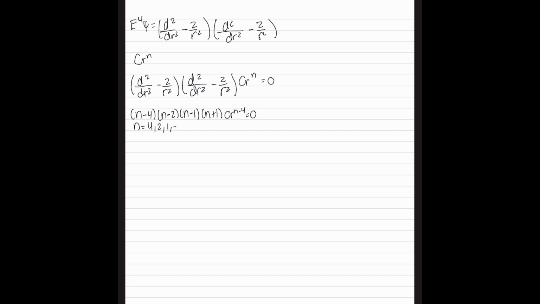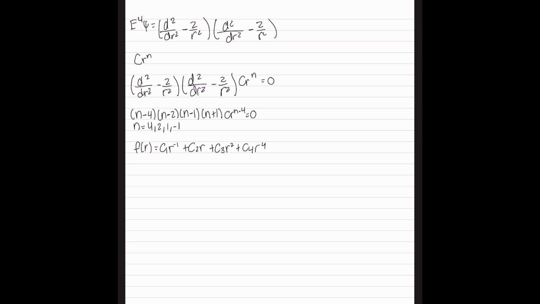Our n values, our exponential values, are going to be 4, 2, 1, and -1. And because there's no r^4 in the psi equation, and it's higher than the highest degree in that equation, it's just going to go to 0.